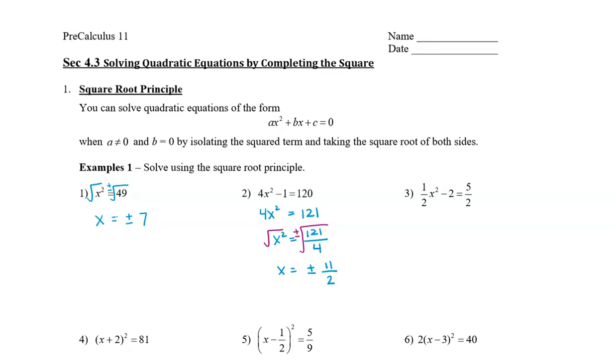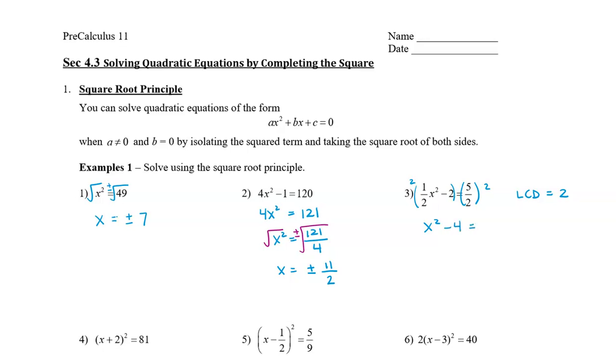All right, in the third one, we are going to first get rid of the denominator. So the LCD in this case is 2. That's the lowest common denominator. So we're going to multiply both sides by 2 so we can get rid of the fraction. So 2 times a half will give me x squared. 2 times negative 2 is negative 4.